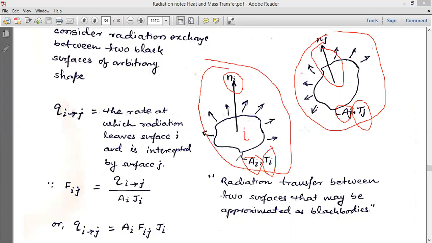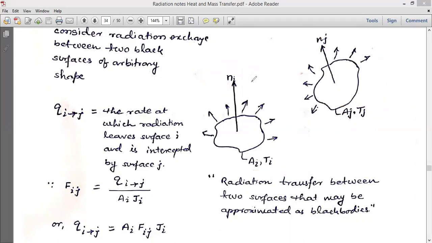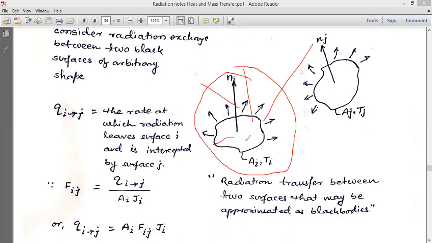So we are interested in determining the rate of radiation from surface i. From surface i, there will be radiation coming out in every direction in a hemispherical manner.